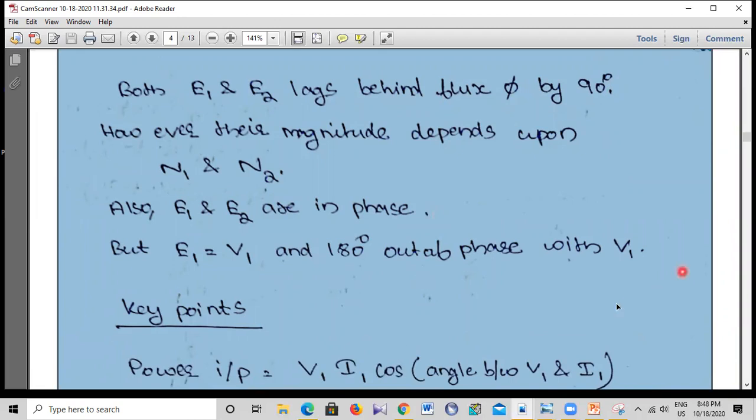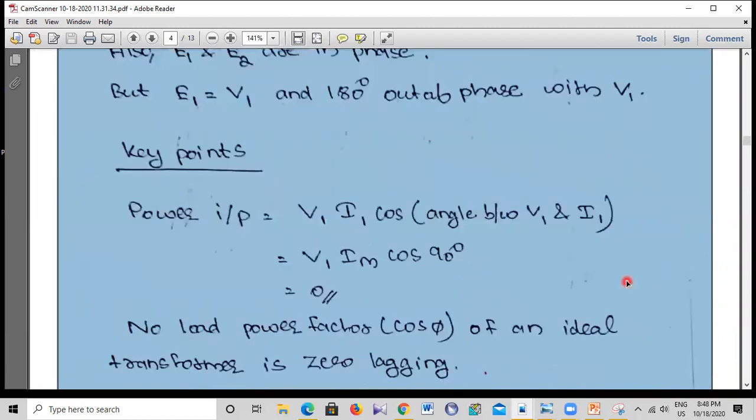Everything already explained. So one important key point that you should understand, this is very important for doing your problems. Power input is equal to V1, the voltage in the primary, into current in the primary, into cos of the angle between V1 and I1. So it will be V1 into Im into cos 90 degrees.